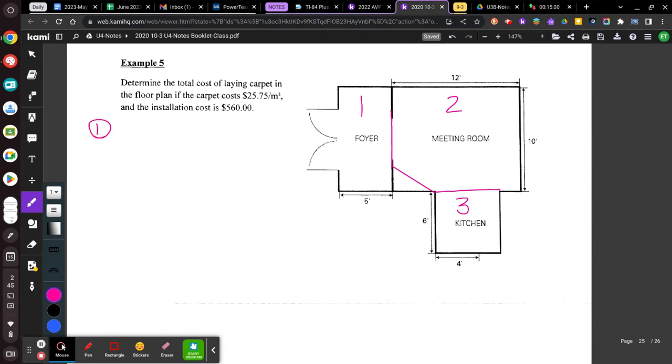So this line here will be a 10 because it's the same as this line here, which is 10. So this guy's going to be a 5 times 10. So that's going to give us 50 square feet.